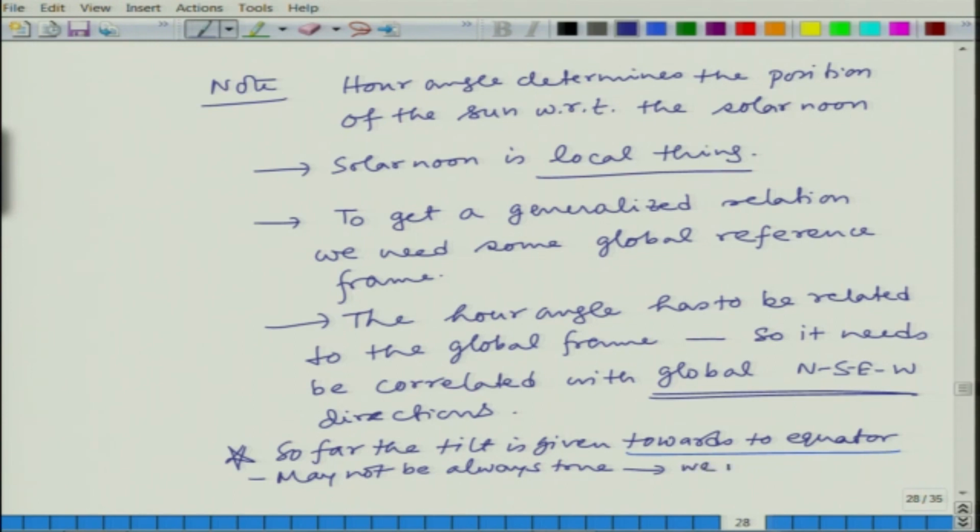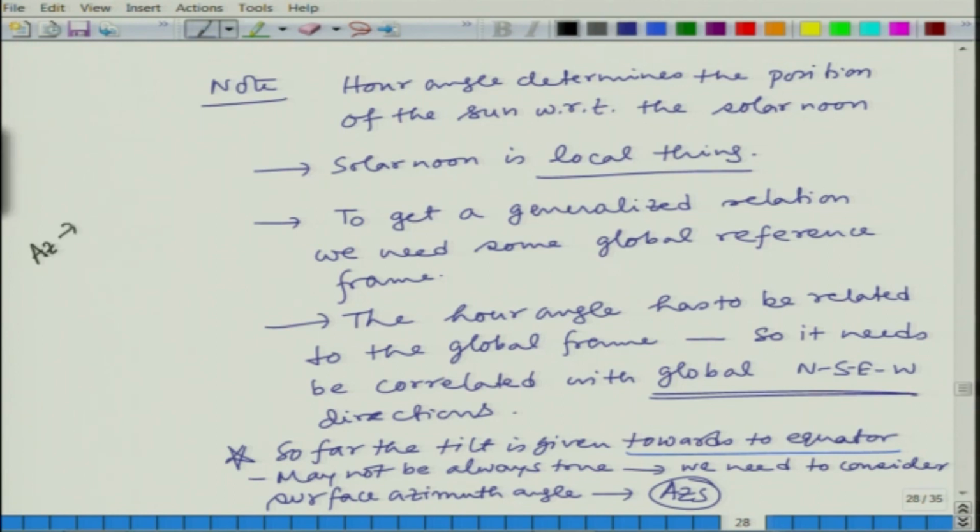We need to consider the surface azimuth angle. Right. The surface azimuth angle is represented through AZS. Okay. Again I remind here that AZ is your solar azimuth angle.